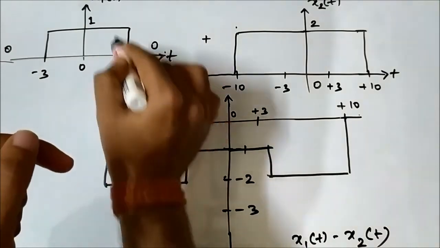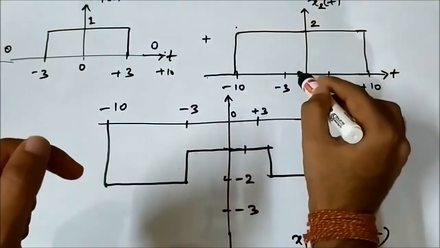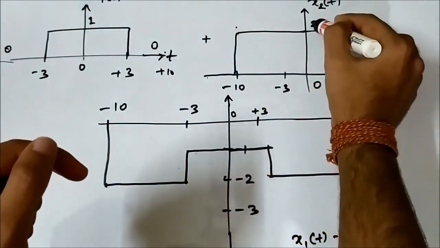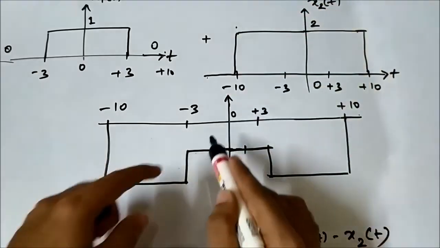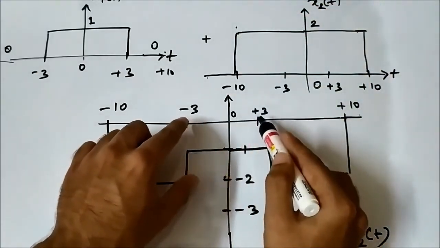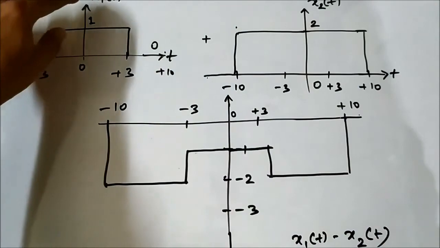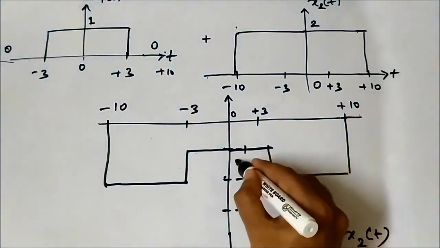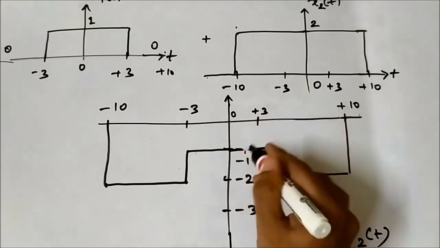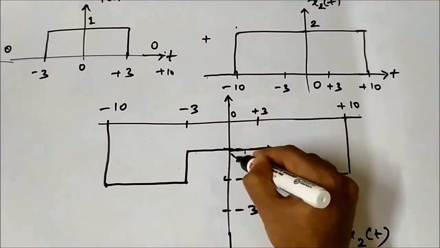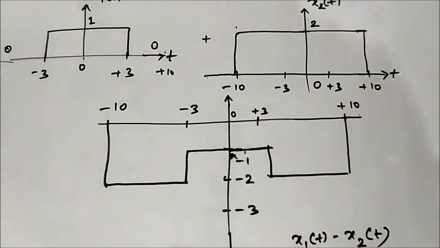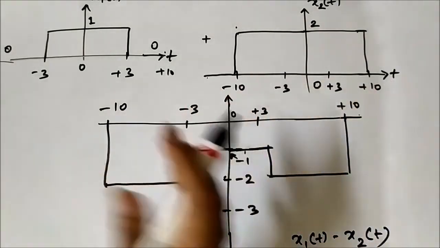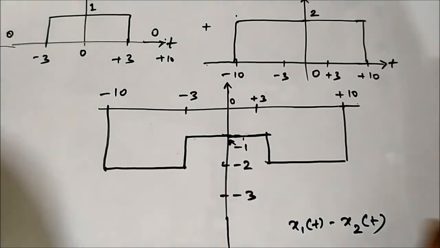From -3 to +3 x1(t) is 1, from -3 to +3 x2(t) is 2. So in between this duration, the resultant x1(t) minus x2(t) is 1 minus 2, which is -1. This is -1. Okay, this point -1. So this is the resultant signal x1(t) minus x2(t).